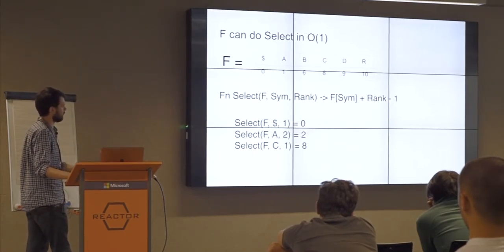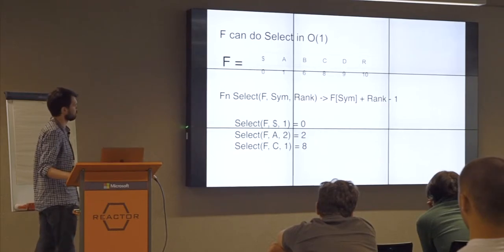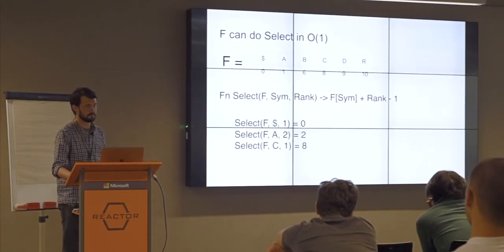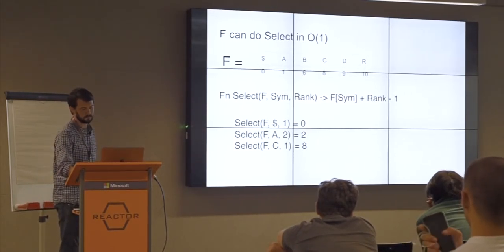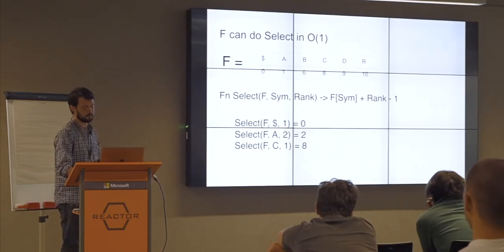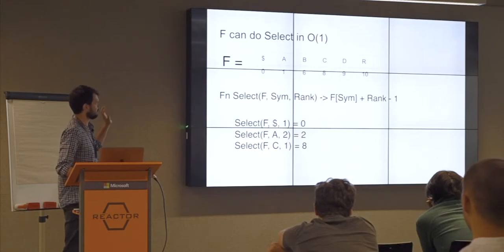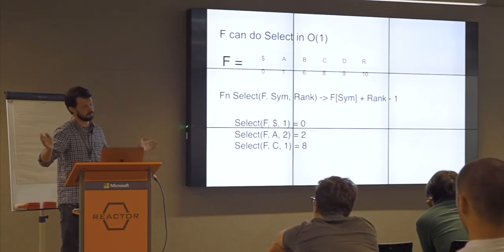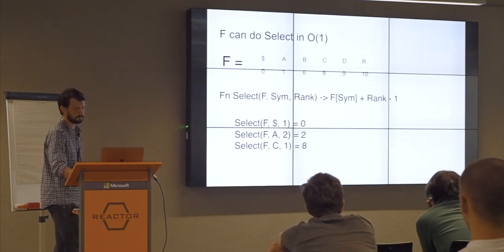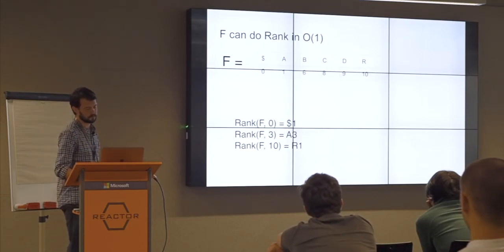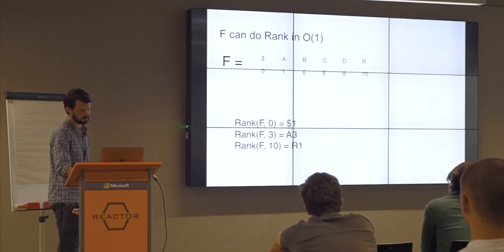We can do a similar thing for A and a similar thing for C. I think that's fairly straightforward. And it's important to note that this is constant time complexity because we've just got a fixed set of symbols here. It doesn't depend on the length of the string. We can do rank in a similar fashion.